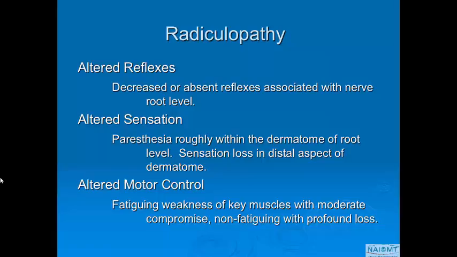Altered motor control in the form of fatiguing weakness of key muscles of that level is found with moderate compromise, but in total compromise of the nerve root, we may have a marked weakness which is not fatiguing.